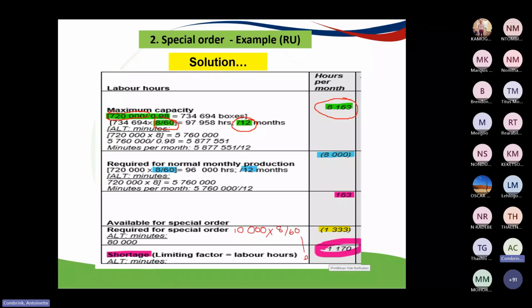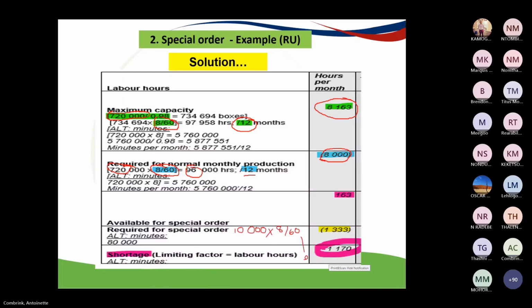Now, this is the first step. So now we know the number of hours we have available to produce pizzas in. Now we're going to calculate how many we need in a normal month. Normally we need the 720. We take again the time it takes, 8 minutes, and then we get the 96,000 hours. And again, remember this was for a year. We need to make it for a month, and that is 8,000.